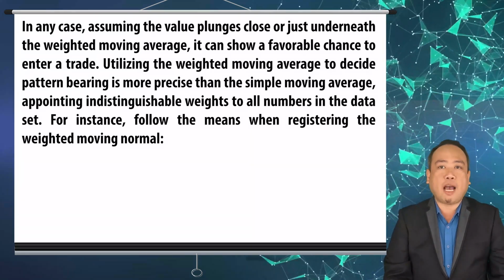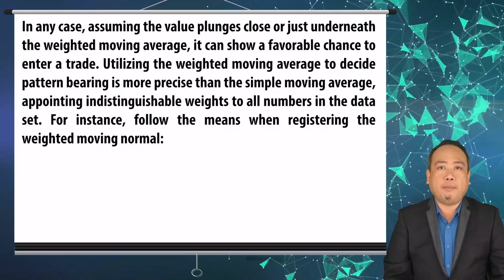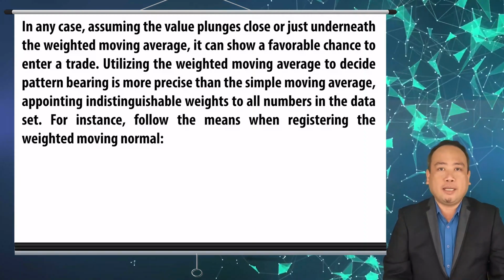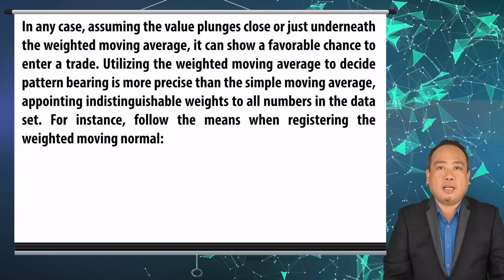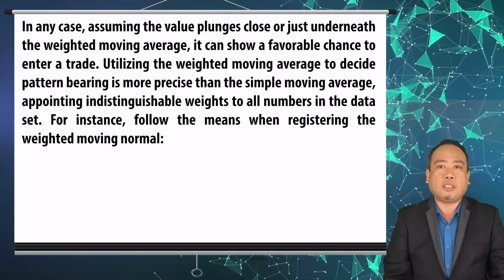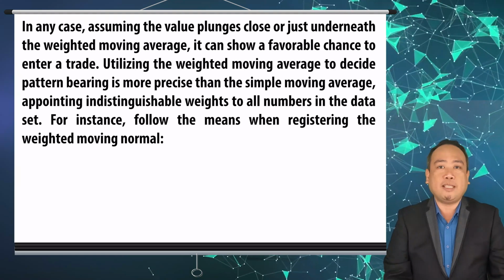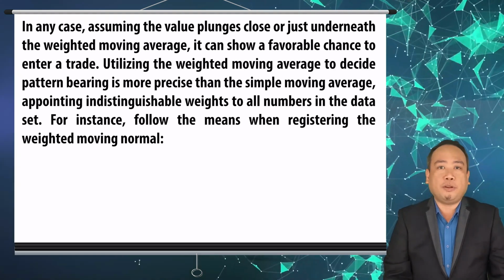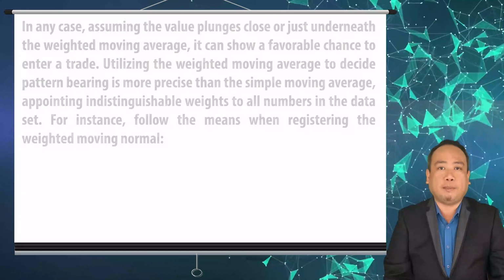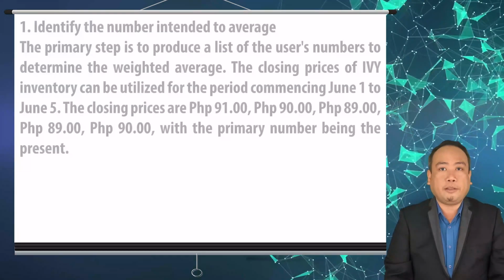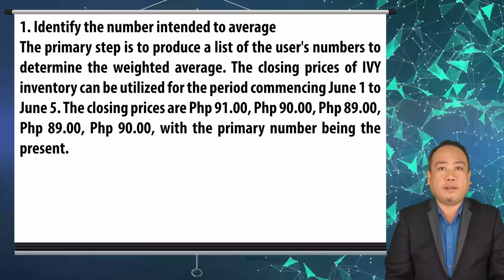Utilizing the weighted moving average to determine trend direction is more accurate than the simple moving average, which assigns identical weights to all numbers in the dataset. For instance, follow the steps when computing the weighted moving average. First, identify the numbers to average.